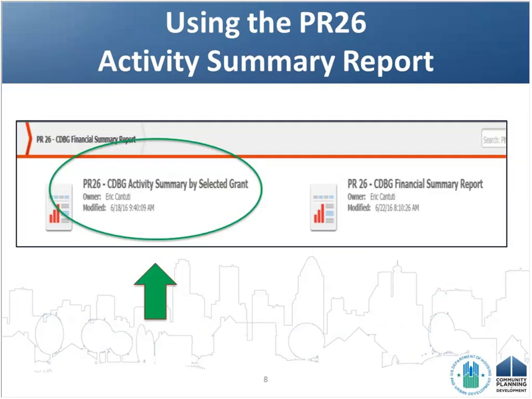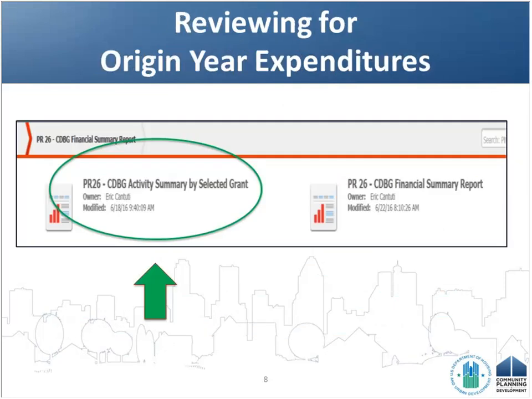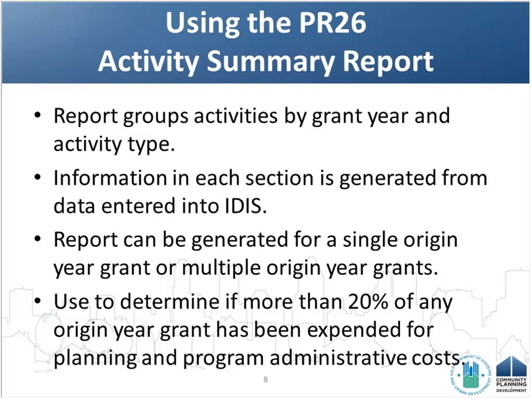So the grantee or HUD staff can use the PR26 Activity Summary by Selected Grant Report to check the Origin Year Expenditure Test. This report groups activities by grant year and by activity type. All the data in this report comes from the data entered by grantees.